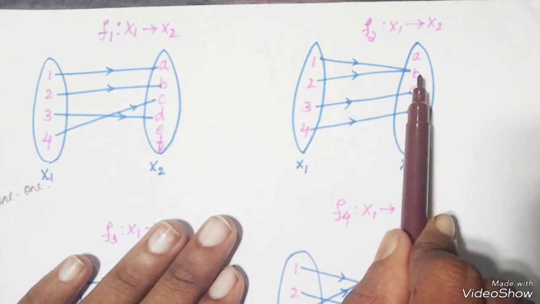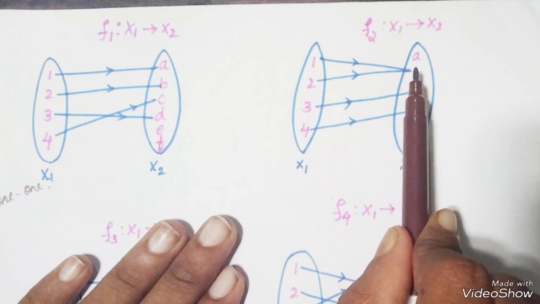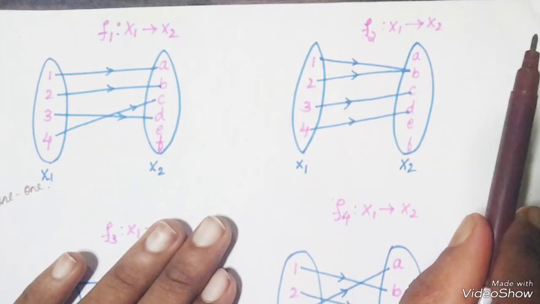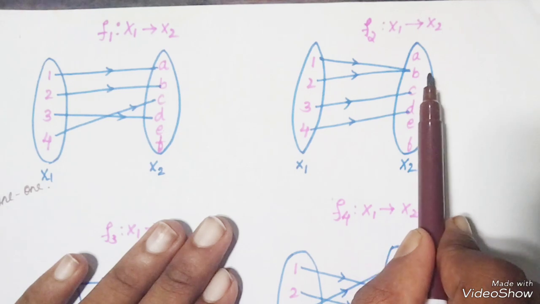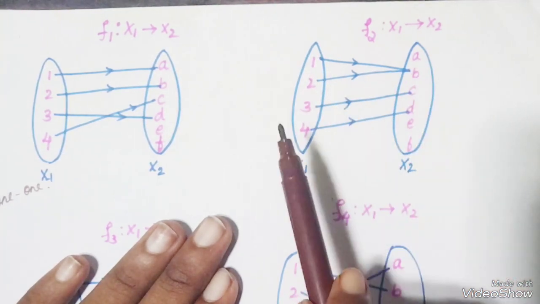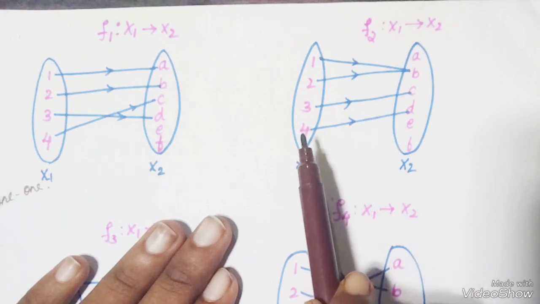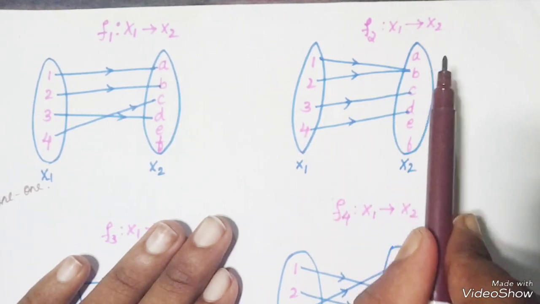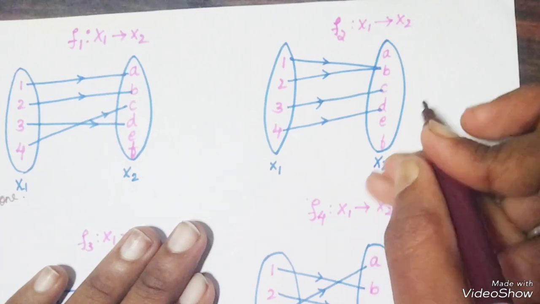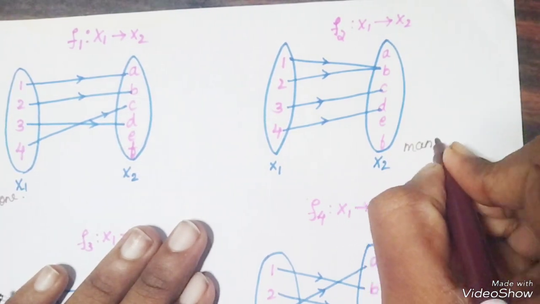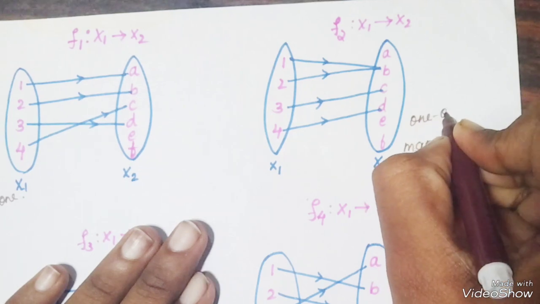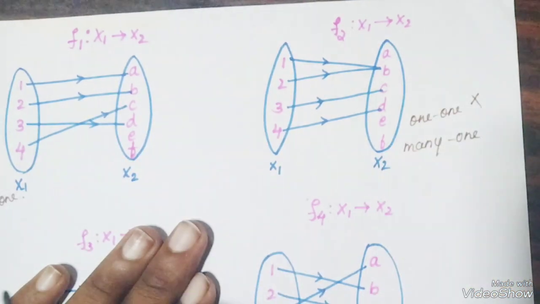If one-one function does not exist, then it must be a many-one function, because those two elements are related with B, and 3 is related with C, 4 is related with D. So this is a many-one function, but not a one-one function.